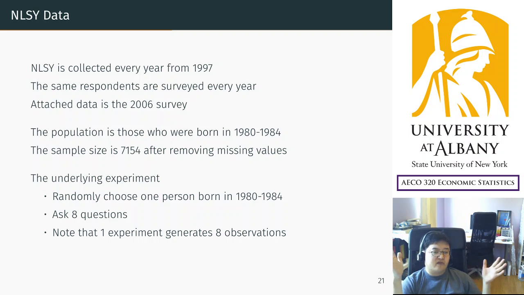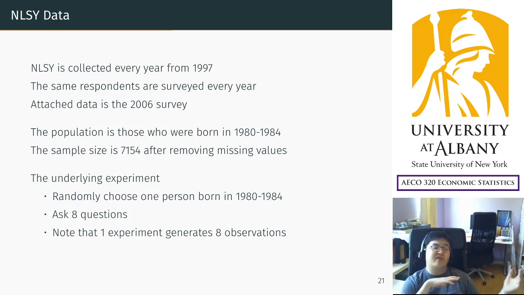They choose a certain cohort and follow them very closely over the years. And our sample is the data. The population is everybody in the United States born in 1980 to 84. I don't know how many people satisfy this criteria, but it does not matter. Anyhow, we do not know them, and we assume there are an infinite number of people like them.